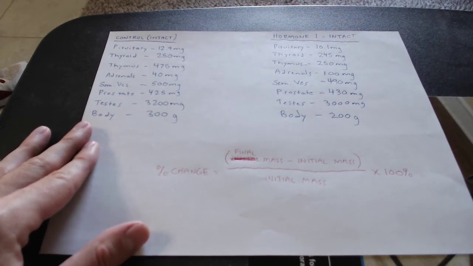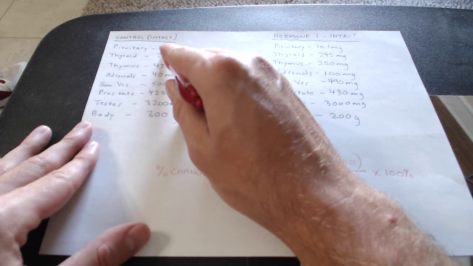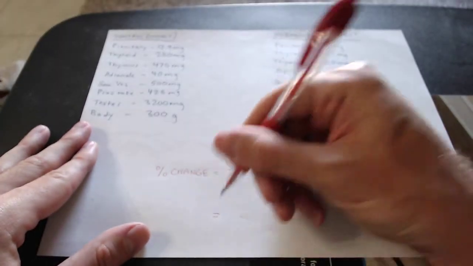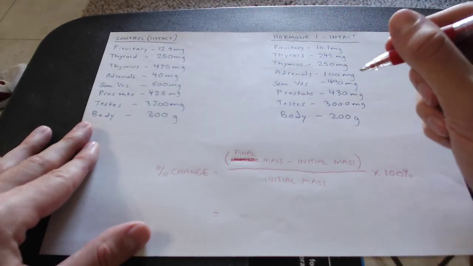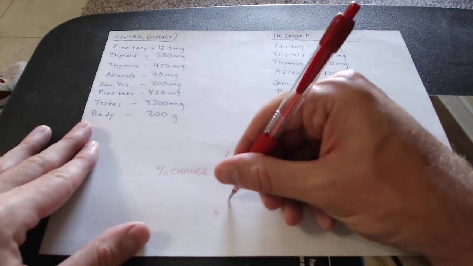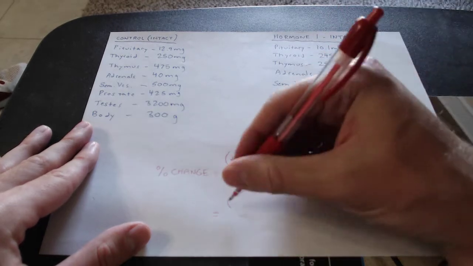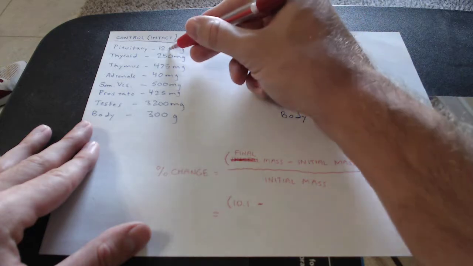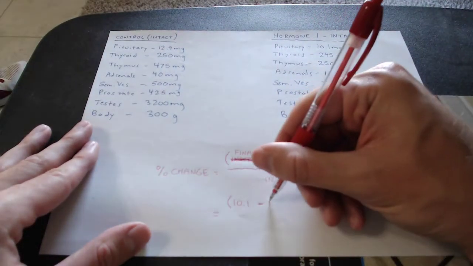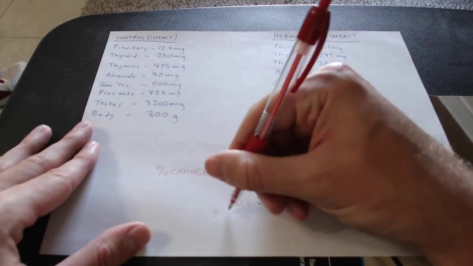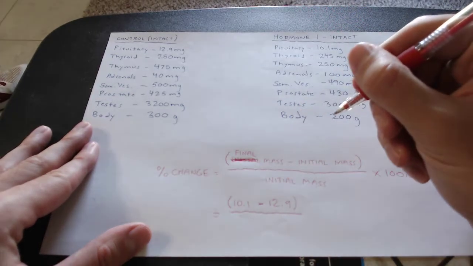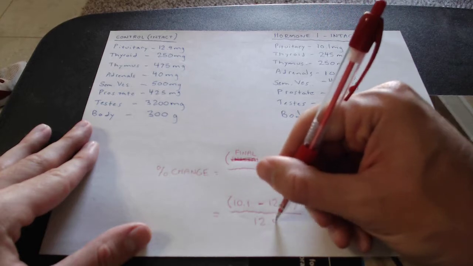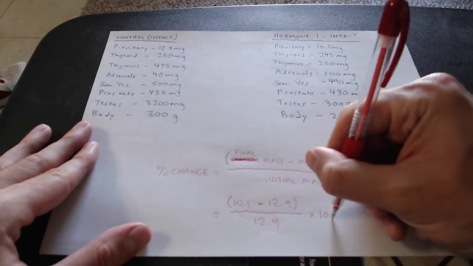For example, if I wanted to do the pituitary comparison here, I would take my final mass, which after the hormone is 10.1 milligrams, and subtract the initial, which is 12.9. Then I divide by 12.9, and multiply the whole thing times 100%.